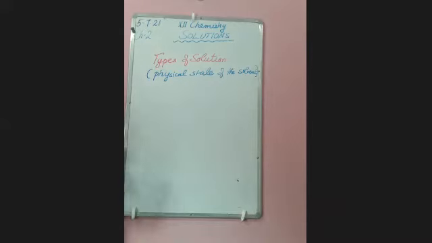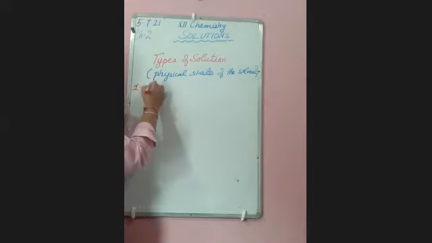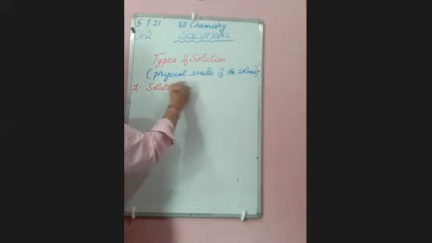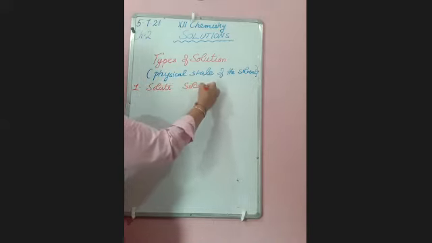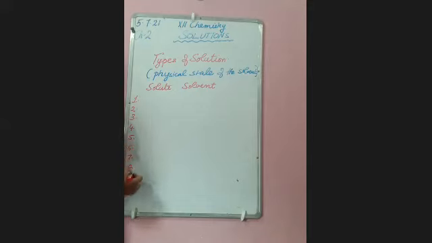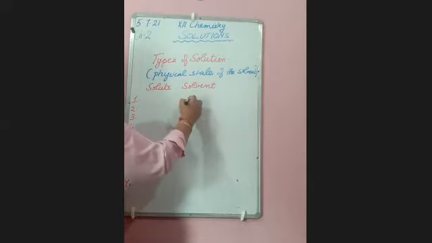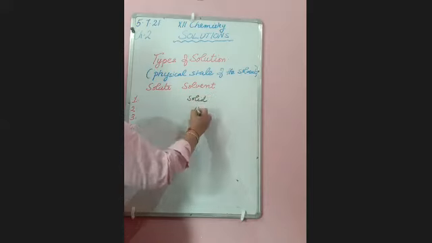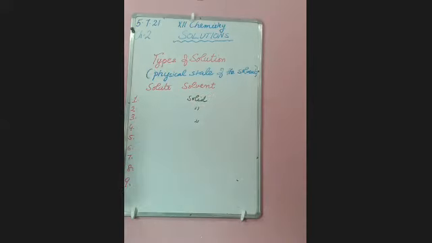So, solute, solvent. According to this, there are 9 types of solution. In the first case, your solvent is solid.